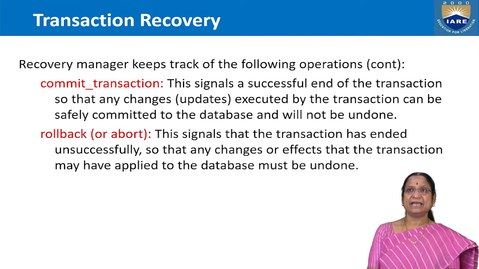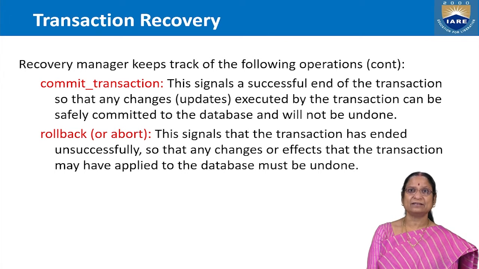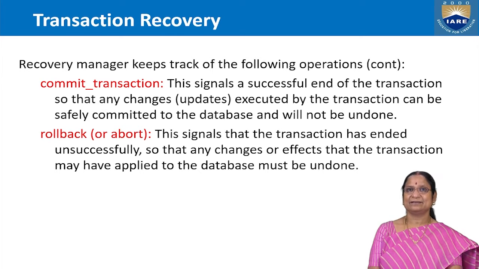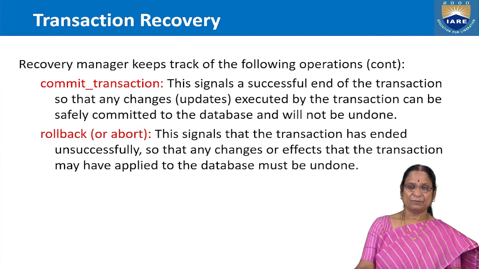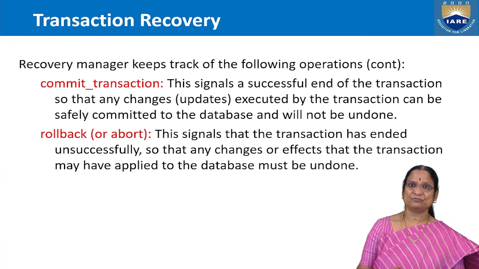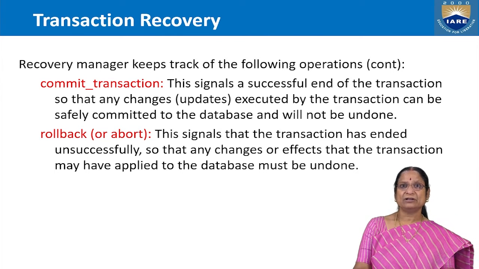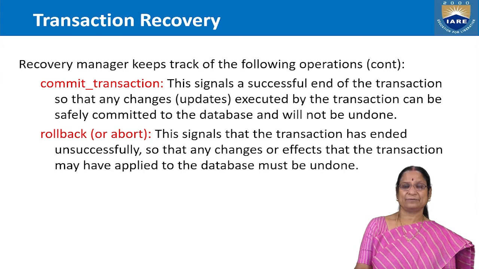So any changes or effects of the transaction performed up to then must go back to their initial position. That means those must be undone. Rollback or abort means undone. Whatever operations were performed by the transaction till then are signaled unsuccessful, so those operations are going to be undone.